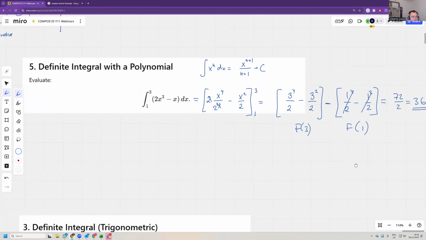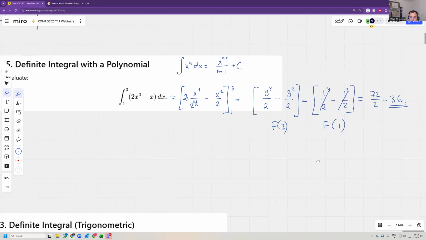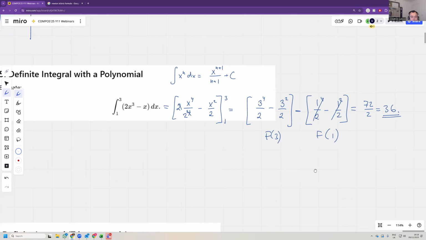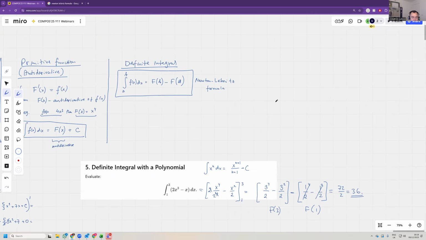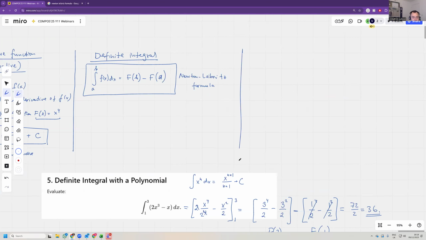What else do I need to say here? Yes, the area under a curve.